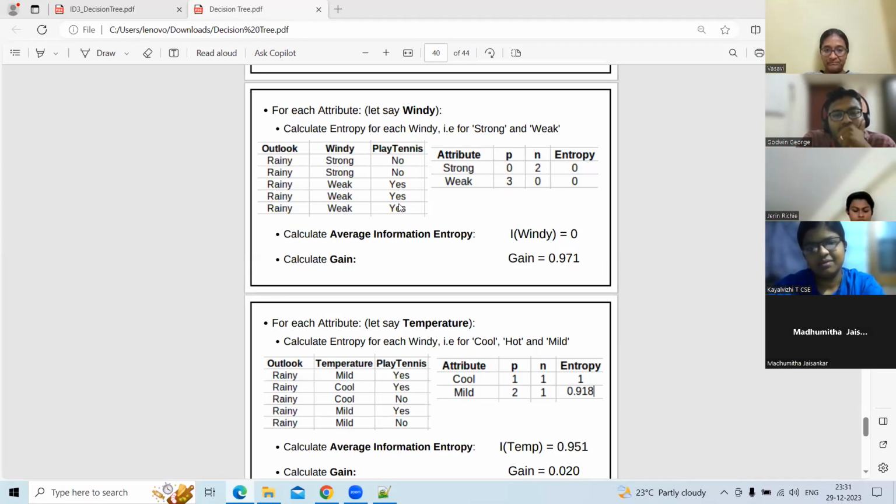Forget everything else in the algorithm. It will get greedy and then start using the next attribute. Exactly. It will try to look for another attribute, correct? To see whether it can split the yes, no into two, right? It'll try to do that.